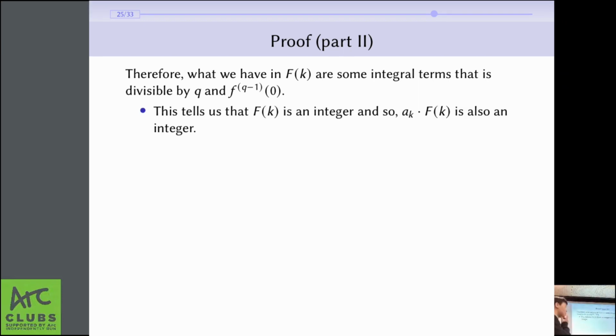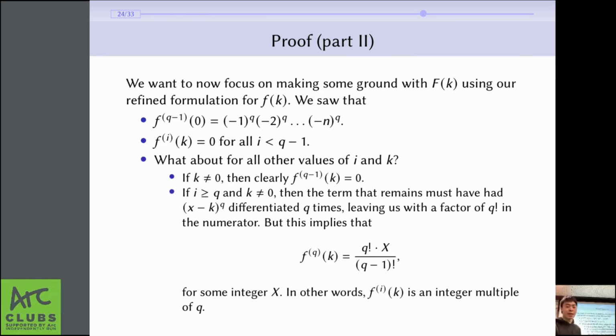Okay, so the first thing we know is that capital F of k is an integer. And the reason for this is that all of the other terms, except for the q minus 1 derivative of f evaluated at 0, must have been integers in the first place. And the second thing is, this is also an integer by the explicit formula that we had for this property here, right? Because if we had this expression here, clearly this is an integer.